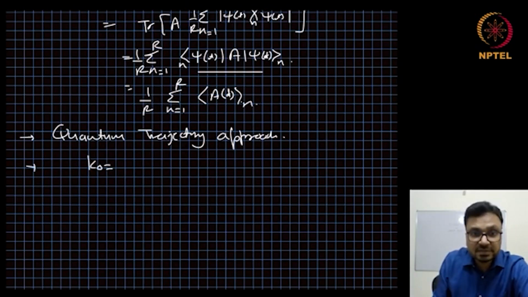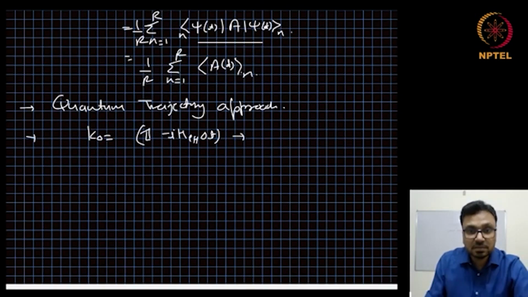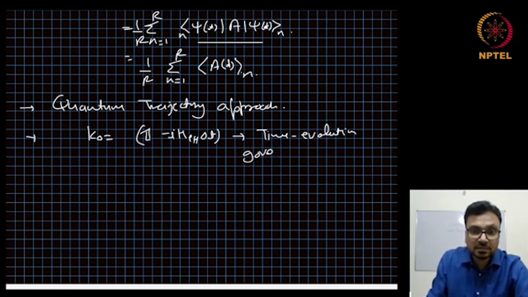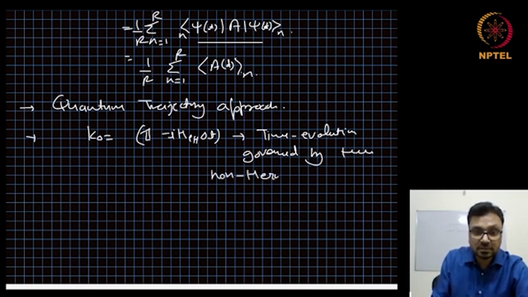Here K0, which is identity minus i H effective delta t, corresponds to the time evolution governed by the non-Hermitian Hamiltonian.